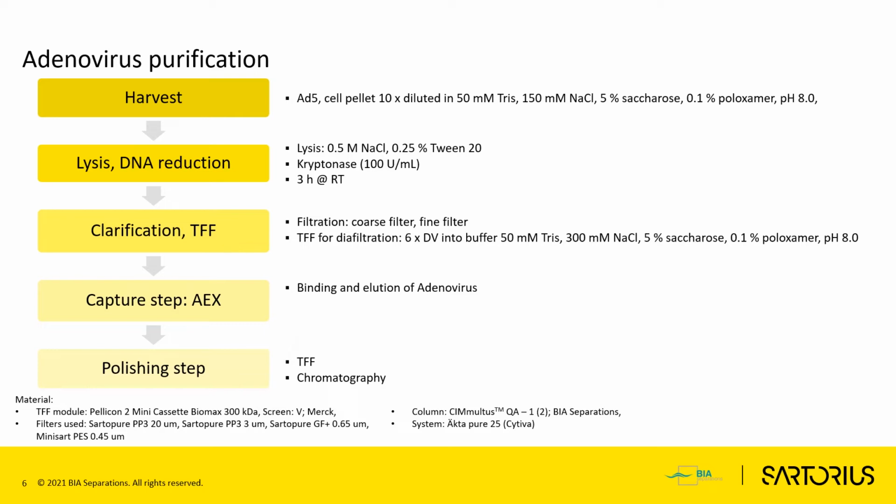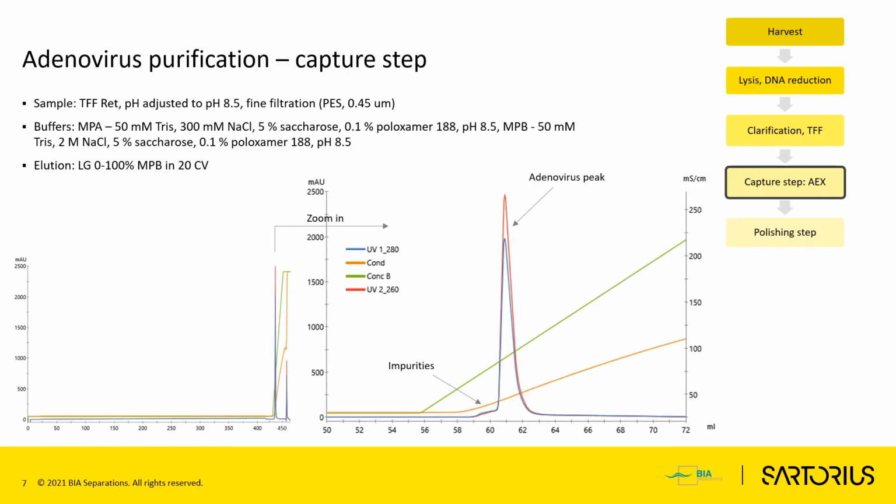The following step was chromatography using an anion exchange CIMmultus QA column, where adenovirus was purified in bind-elute mode. After the capture step, a polishing step of ultrafiltration and diafiltration or another chromatography step can be used to further purify or to concentrate the virus as well as exchange to formulation buffer.